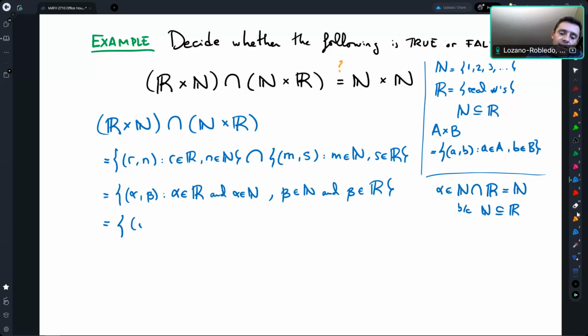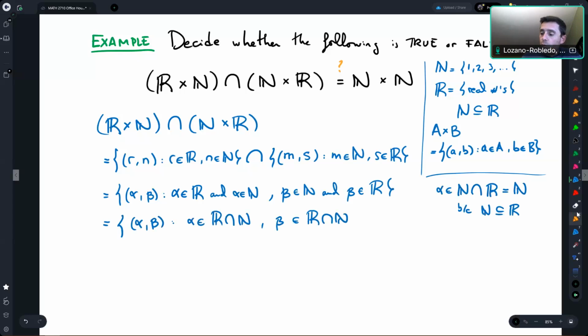So this says that this is alpha and beta, and then the condition on alpha, which let me rewrite here, is that it has to be in R intersect N, and beta has to be in R intersect N, or if you want really to preserve that order, in N intersect the real numbers, of course it doesn't matter.